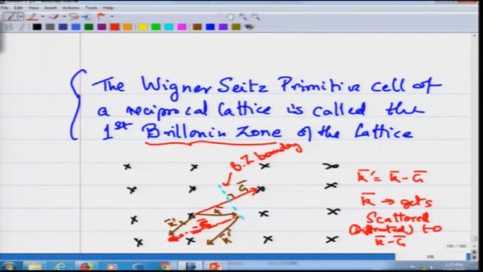So this is true not only for diffraction of X-rays, all these rules are going to be true not only for electromagnetic waves which are coming from outside, like we are sending in X-rays, these are also true for waves which are present inside the solid.